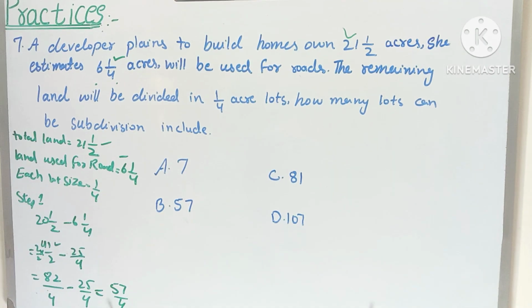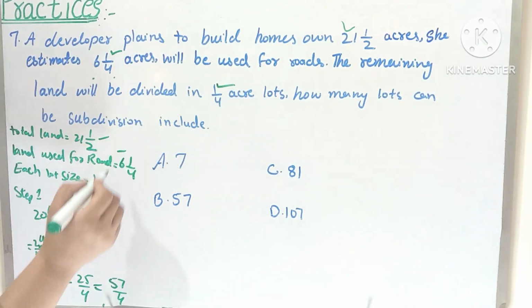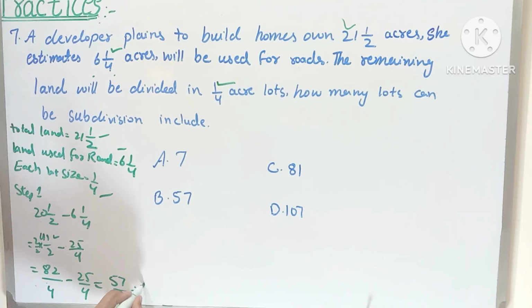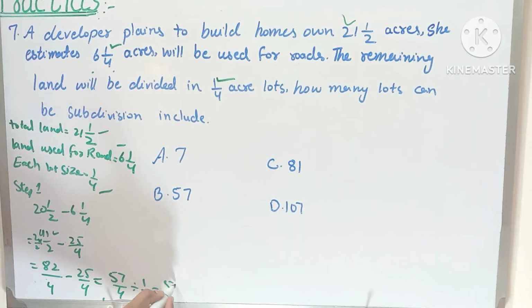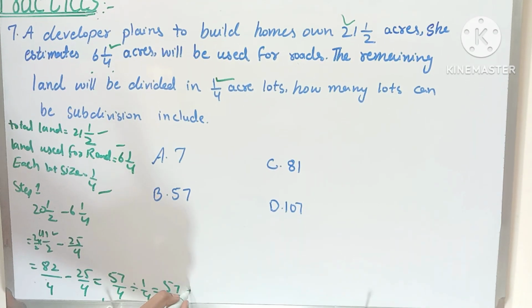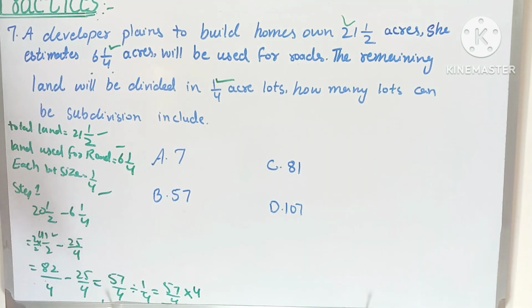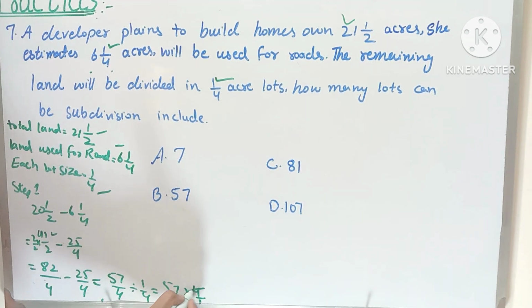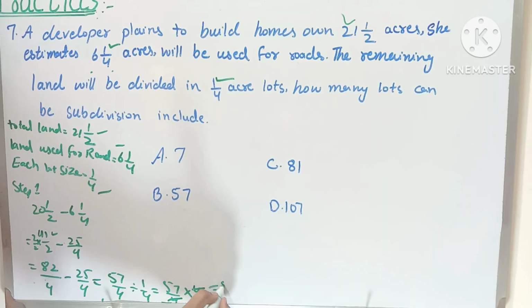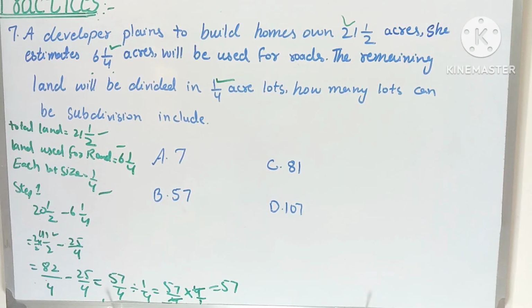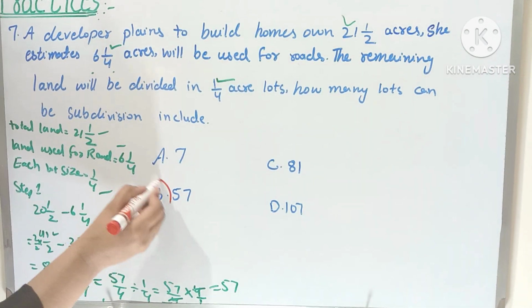Now we divide by 1/4 acres. In division we multiply by the reciprocal, so 4 over 1, and 4 will cancel with the 4. My answer is 57. It corresponds to option B, 57.